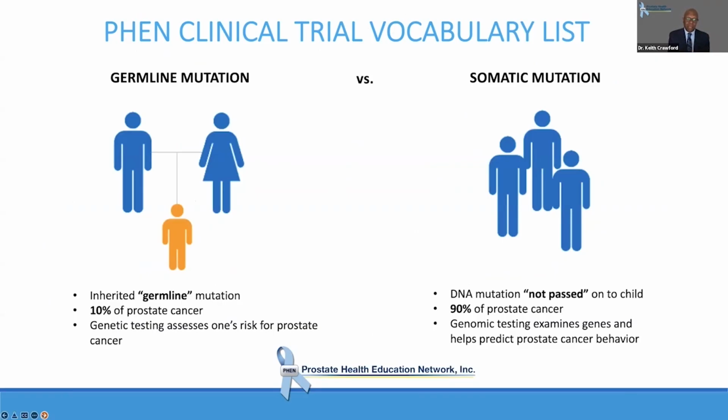That means this is information that's inherited and passed on to your children. Now, 10% of prostate cancer is inherited. Genetic tests assess one's risk for prostate cancer. Somatic mutation, on the other hand, is when the DNA mutates, but it's not passed to the children. 90% of prostate cancer is from somatic mutation. So genomic testing examines genes and helps predict the prostate cancer behavior.